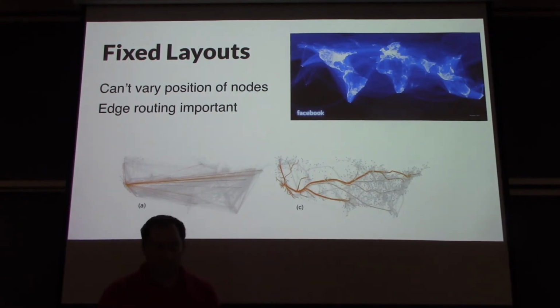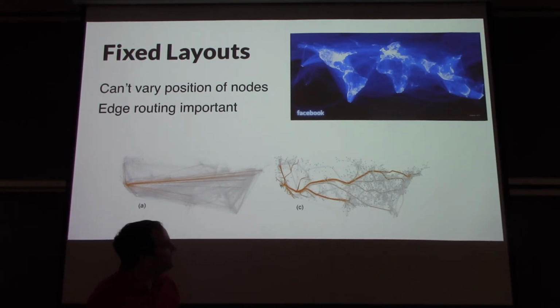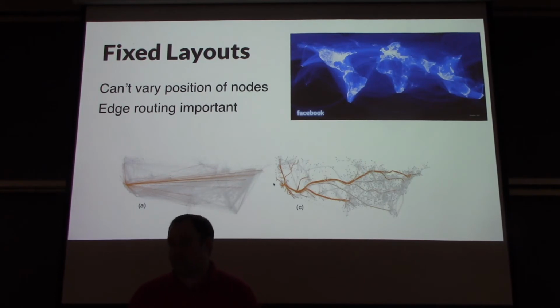So compared to, let's say, here, people flying in and out of Los Angeles, instead of having these direct lines, by using just the forces between edge segments, you can create something like this bundled layout here without a hierarchical structure in the backbone.